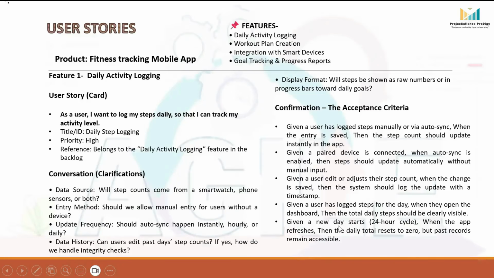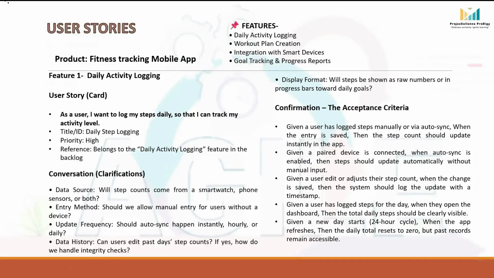And this acceptance criteria is for daily reset. Given a new day starts a 24-hour cycle, when the app refreshes, then the daily total resets to 0, but past records remain accessible.